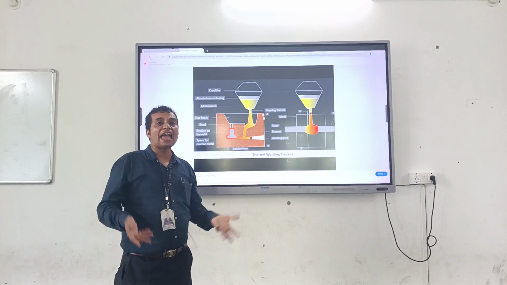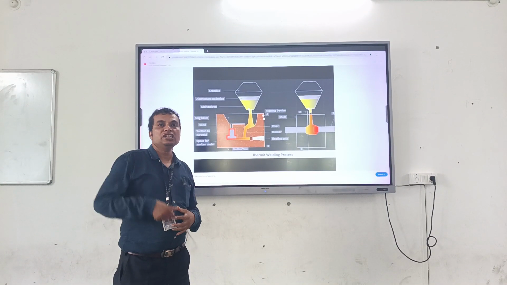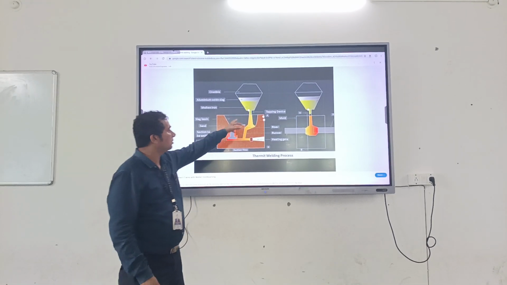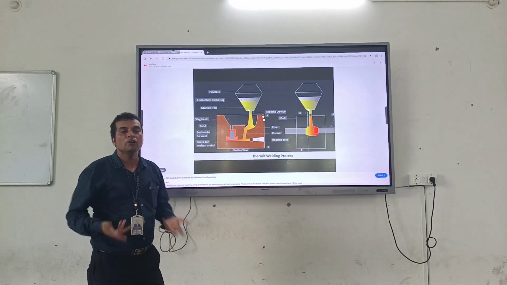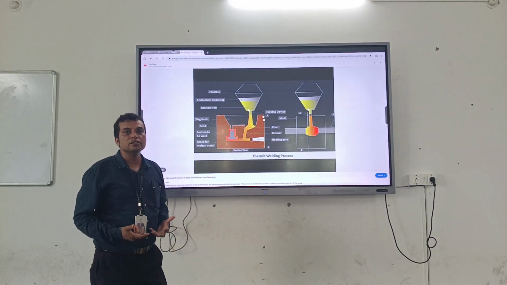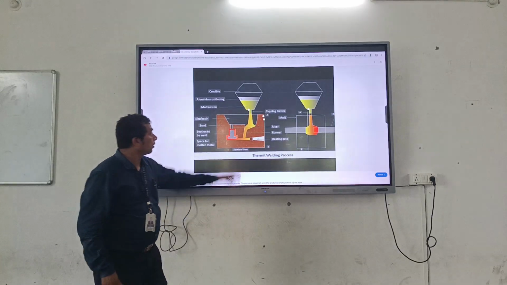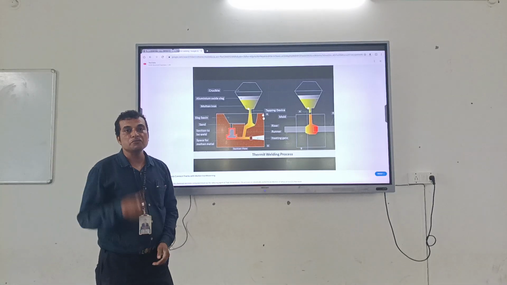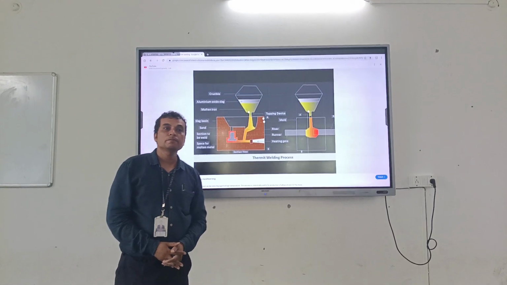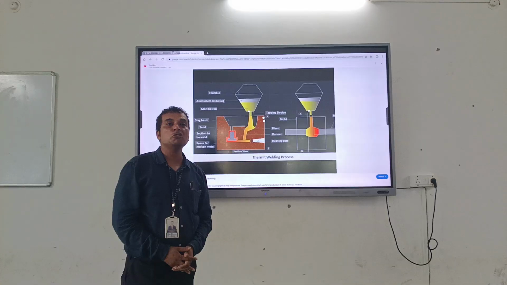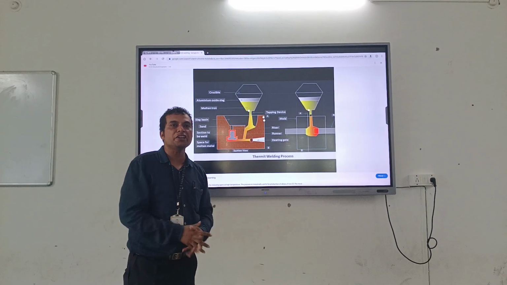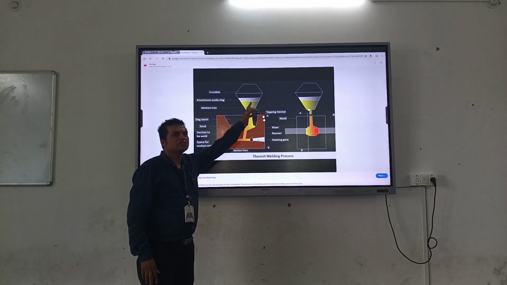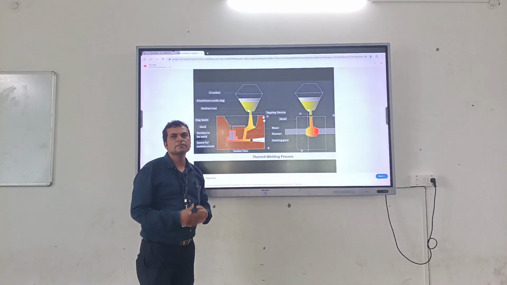Exothermic means that heat is emitted from this reaction. So the required amount of heat is generated, and from this reaction 3.1 megajoule per kg of heat energy is generated. This is a tremendous amount of heat energy generated in this crucible.